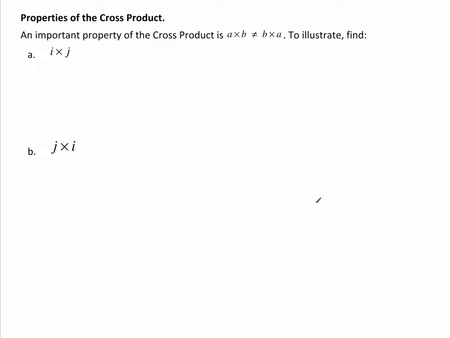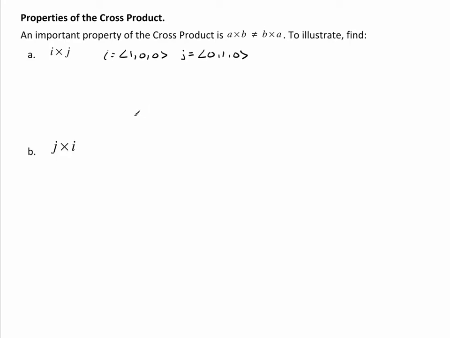First, let's find I cross J. Now, just as a reminder, I equals 1, 0, 0. And J equals 0, 1, 0.